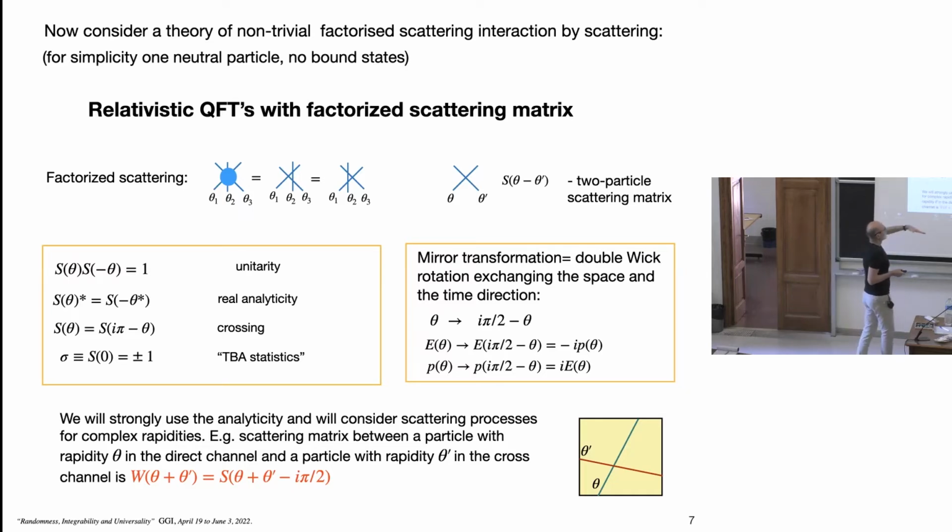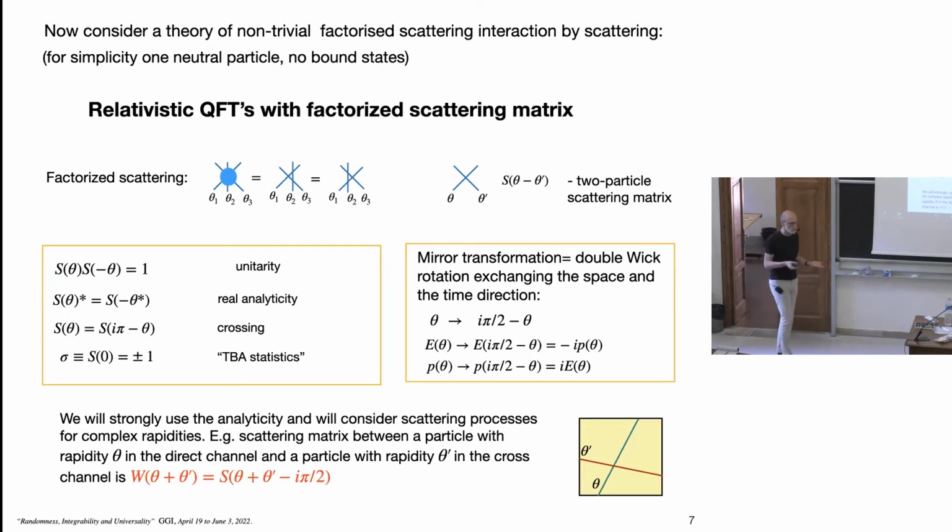So the transformation between the physical and mirror kinematics is just theta going to i pi divided by 2 minus theta. So this is an analytic continuation in the rapidity space. And on the torus, we have to consider scattering of physical with physical particles, mirror with mirror particles.